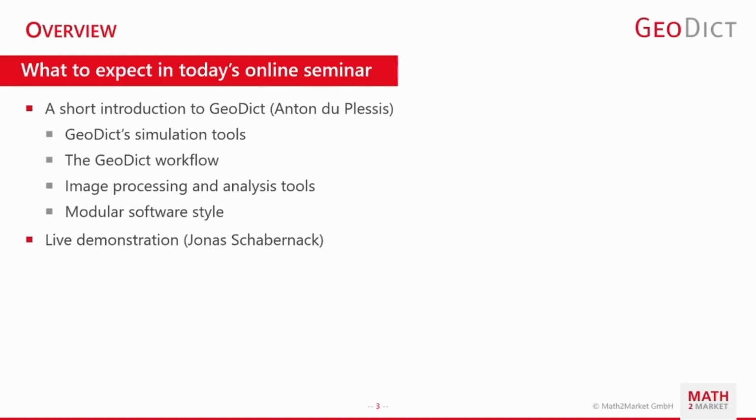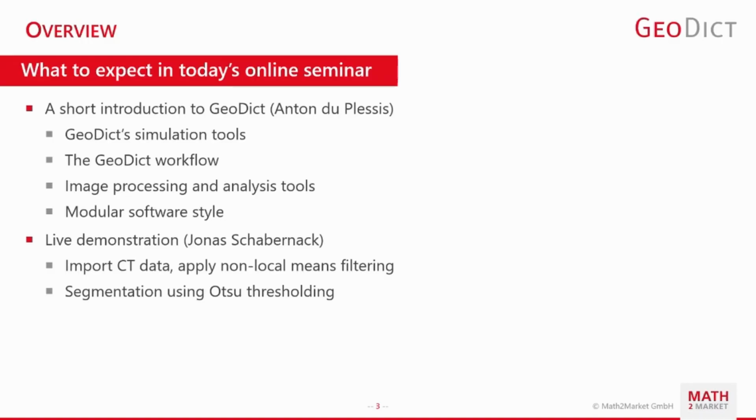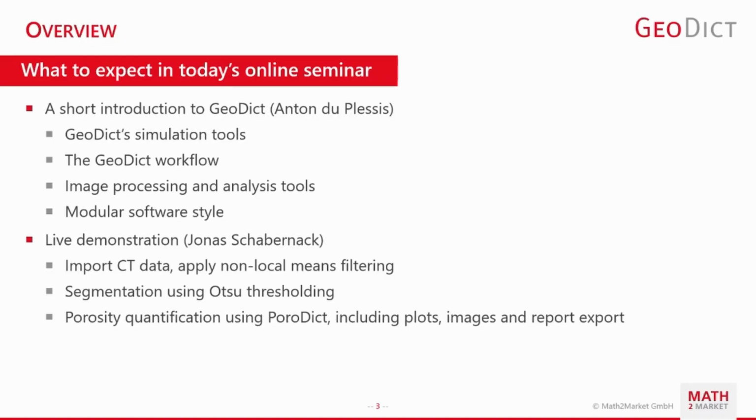And with a trial license, you can repeat these exact steps to import a CT dataset, a small one that we have available for easy demonstration and easy training, apply non-local means filtering to remove noise, segment using global thresholding, in this case with the Otsu threshold, and then quantify porosity using the module called PoroDict, showing a number of things, including how to make plots, save images, and save a PDF report, which is automatically generated in the process of running this analysis.